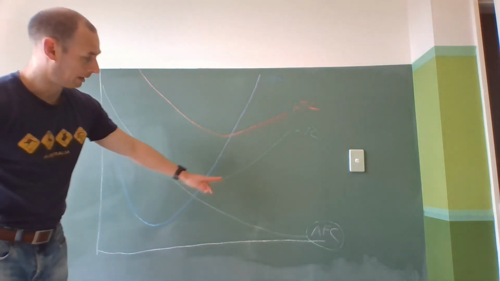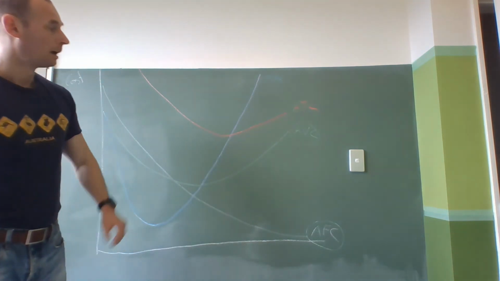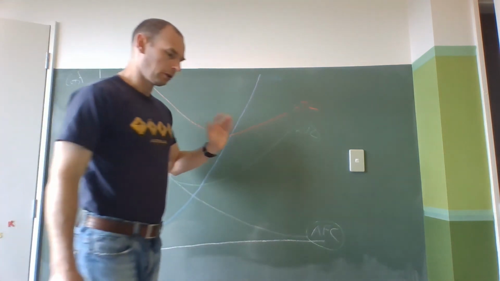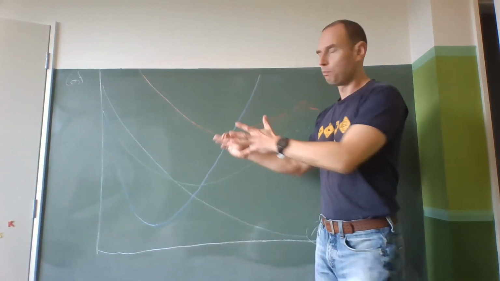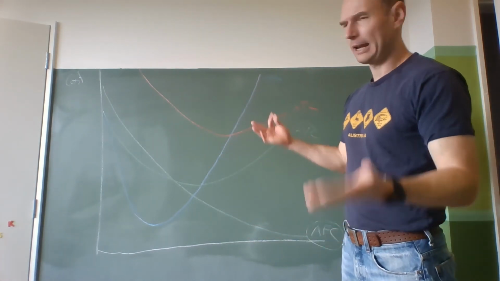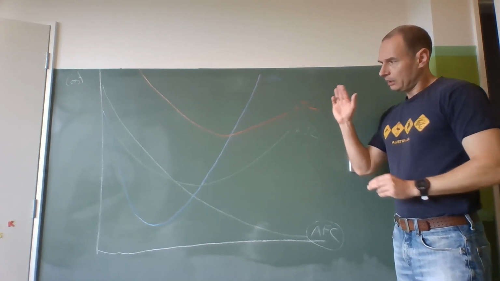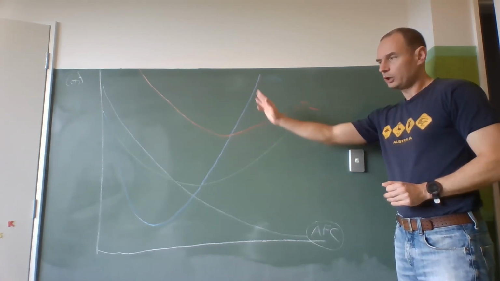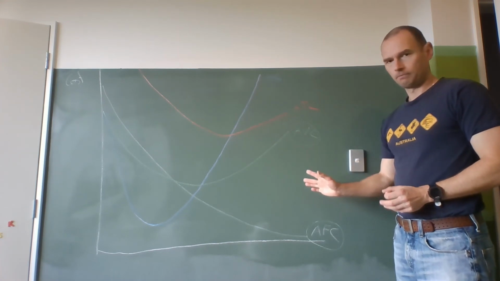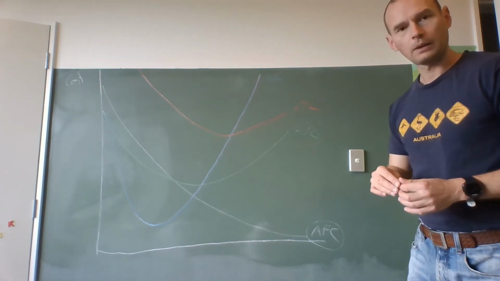So again, it's the summation of the green line and the white line. The next question is, at which point? The graph looks a little bit messy, but I hope that each individual component here isn't terribly confusing. The most important question is, at which point do I want to produce? There are plenty of intersections, plenty of high points, low points, and so forth.